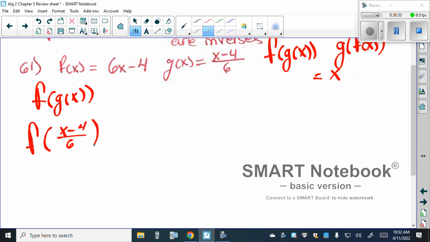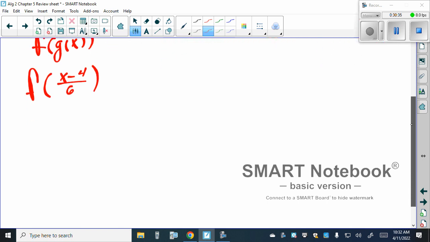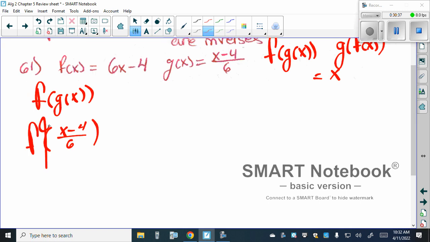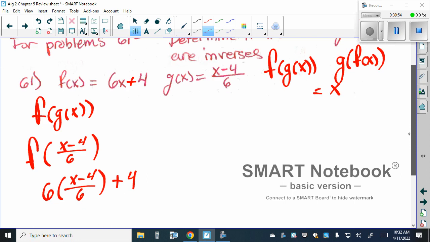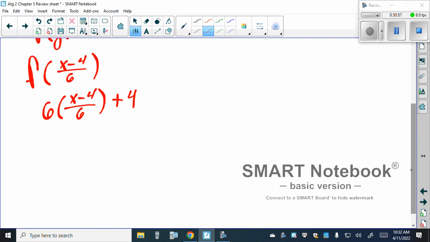Now at this point, we're going to plug this into f of x, which will tell us that it's 6 times x minus 4 over 6, plus 4. These here aren't inverses as written, but I'm going to switch it to plus so that we can see this.